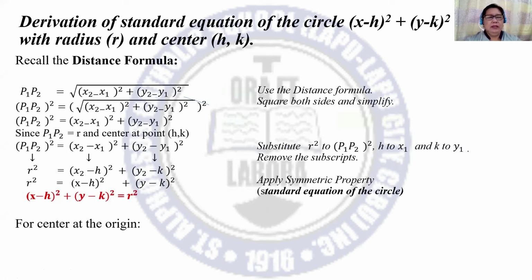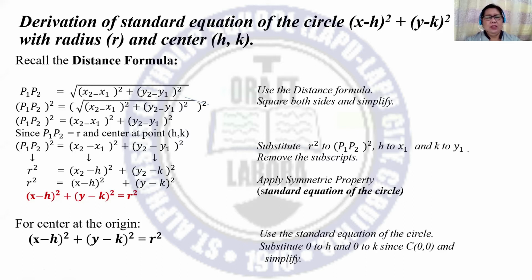For the center at the origin, we use the standard equation of the circle and then substitute 0 to h, 0 to k, since the coordinates of the center are 0, 0, and then simplify. So it's like this.